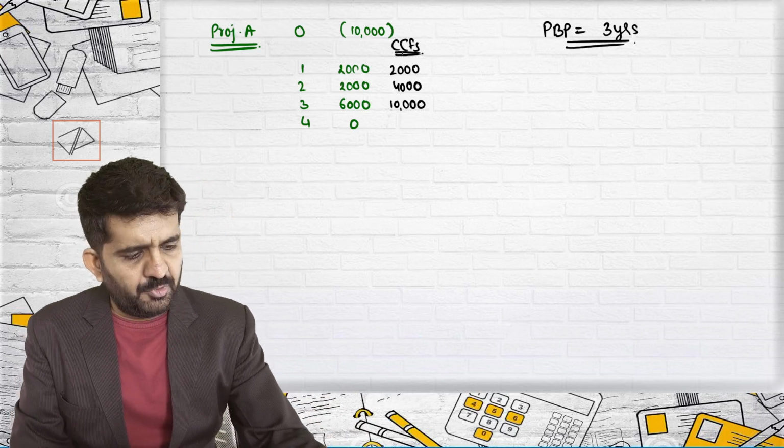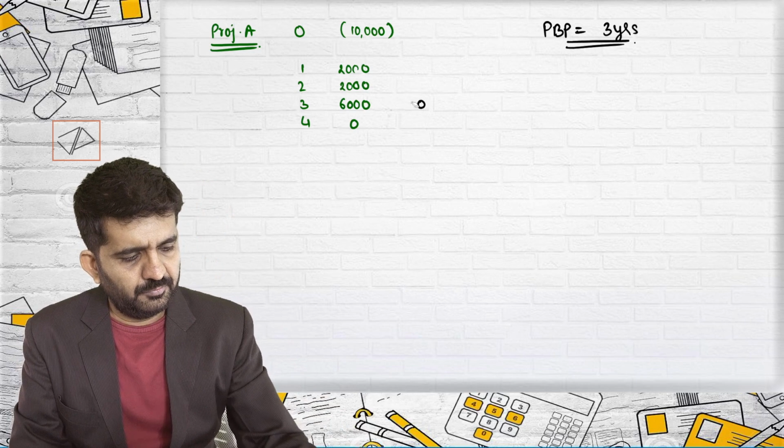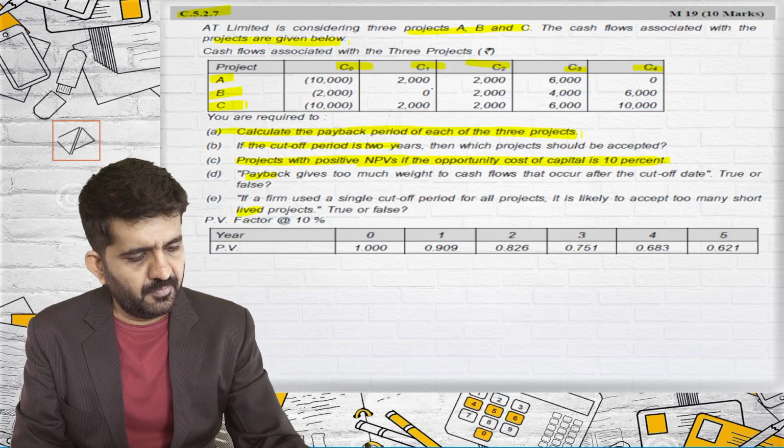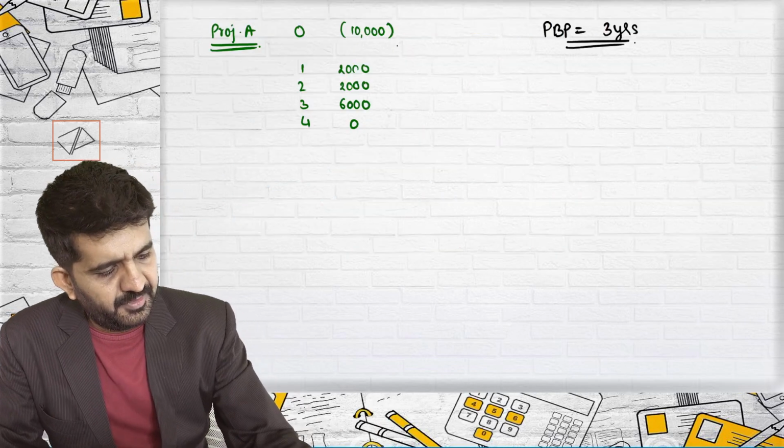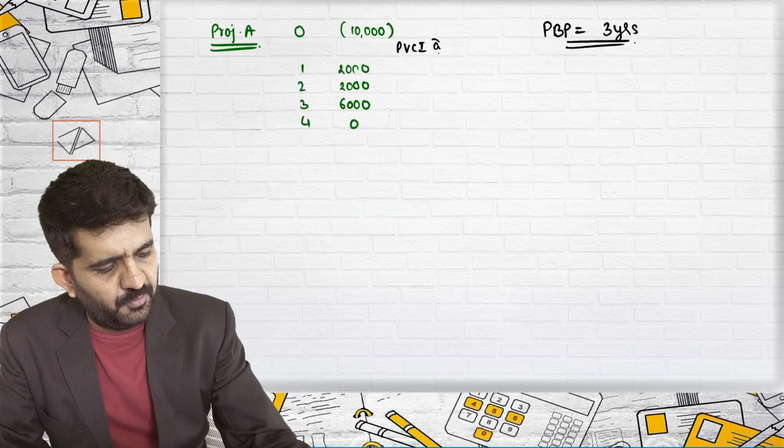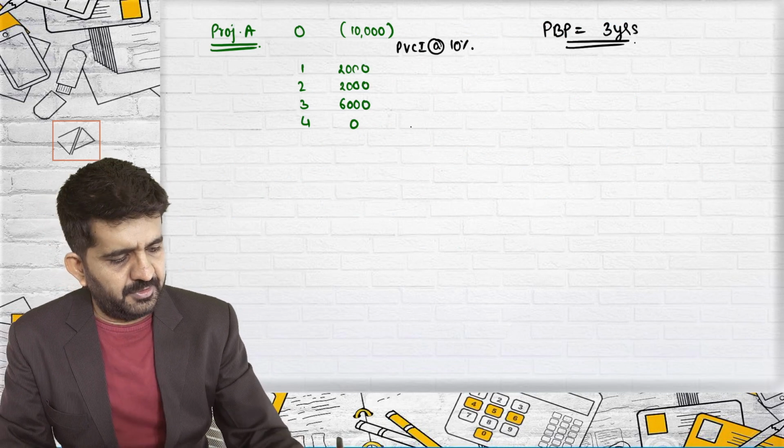I am finding out NPV also. NPV at the rate of 10%. Present value of cash inflow at the rate of 10%.